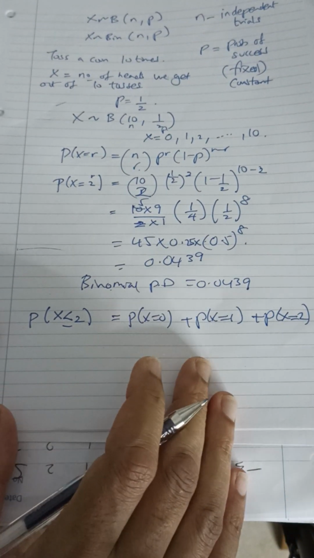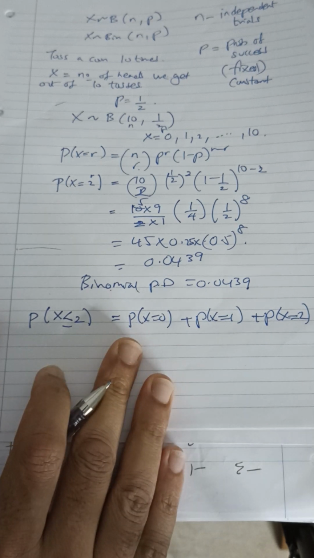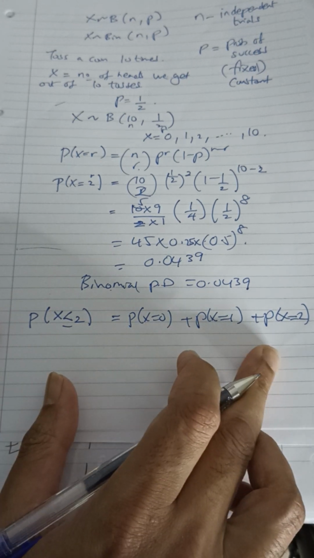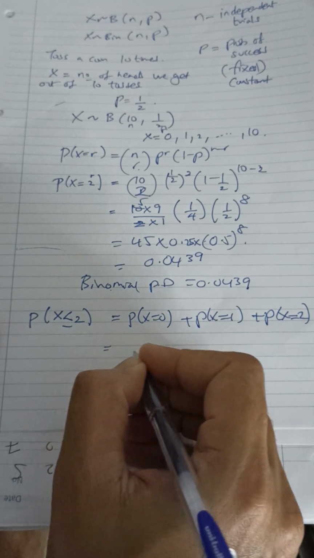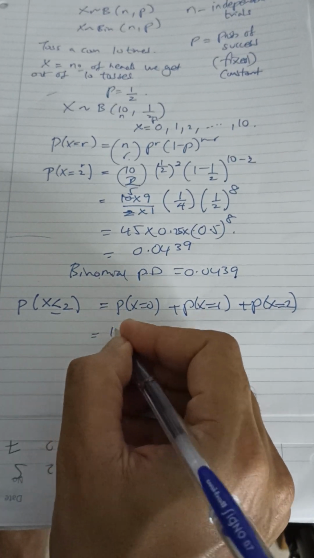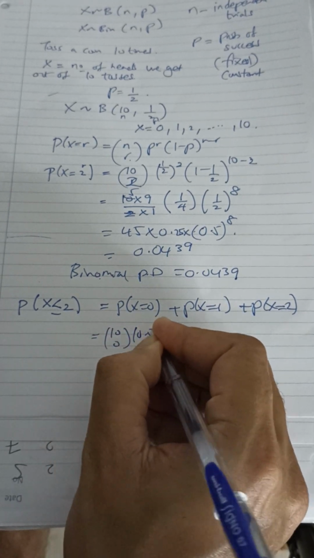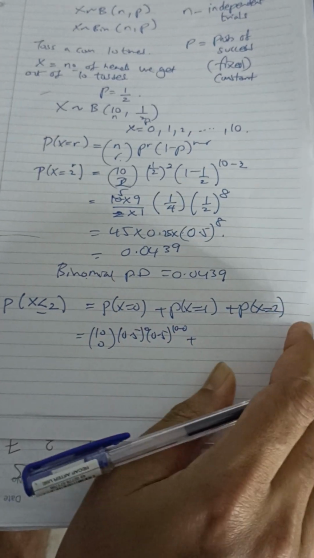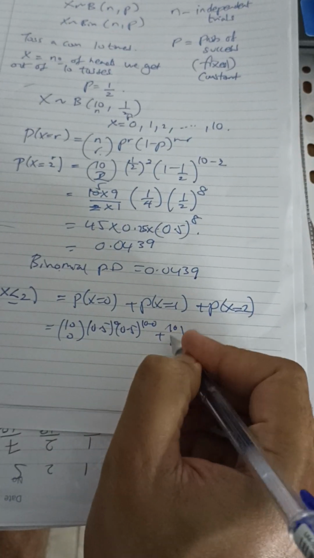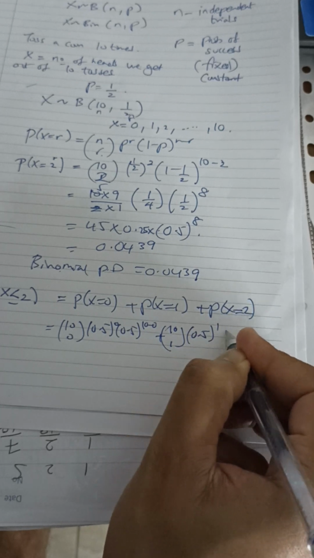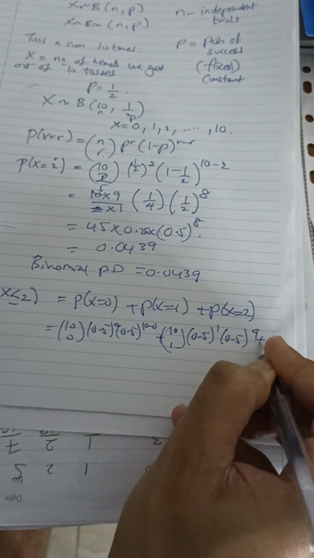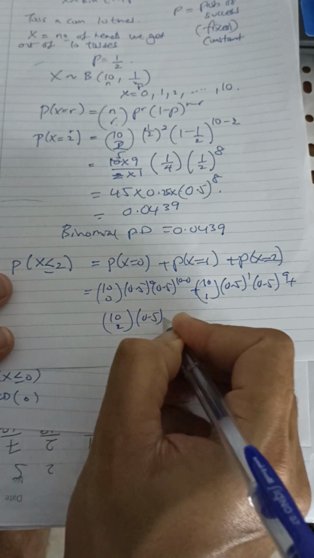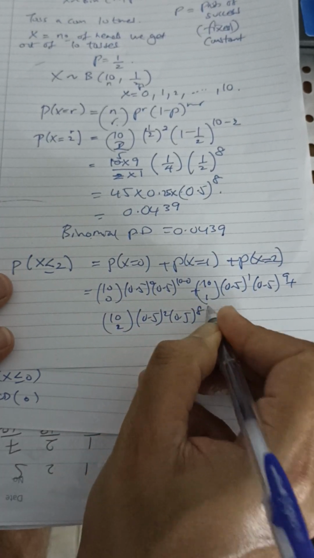And if you are an AI student, you have the GDC for both papers. So then there's no point actually doing it manually like that, because if I have to show you what you need to do, it's quite long. It's 10 choose 0, 0.5 to the 0, 0.5 to the 10 minus 0, plus. Then you do the same for this one, 10 choose 1, 0.5 to the 1, 0.5 to the 9, plus 10 choose 2, 0.5 to the 2, 0.5 to the 8.